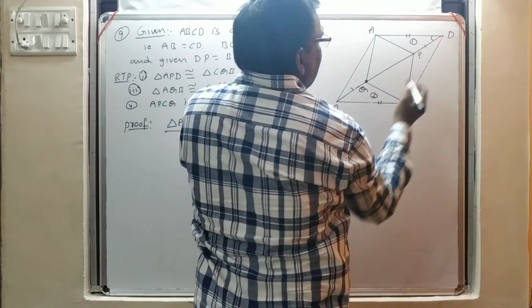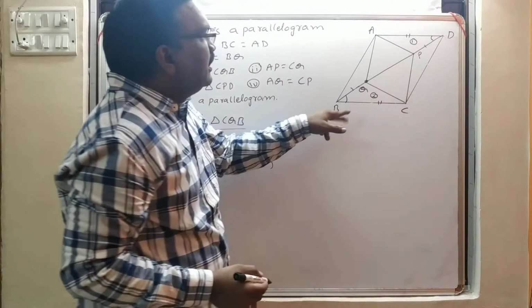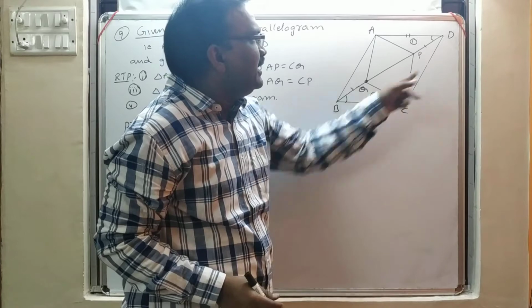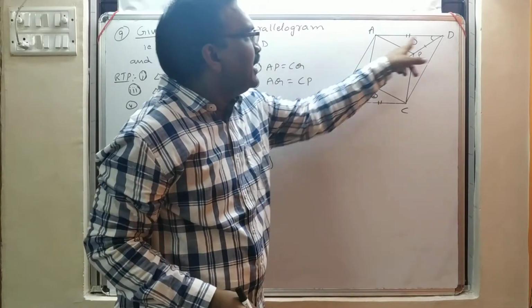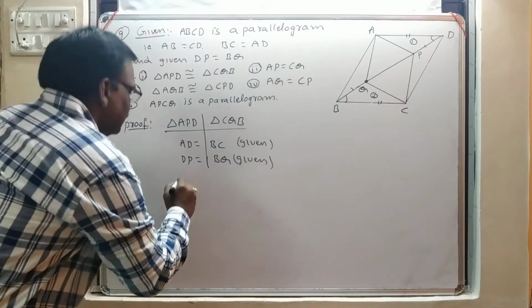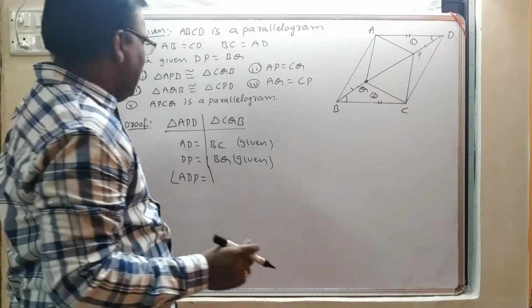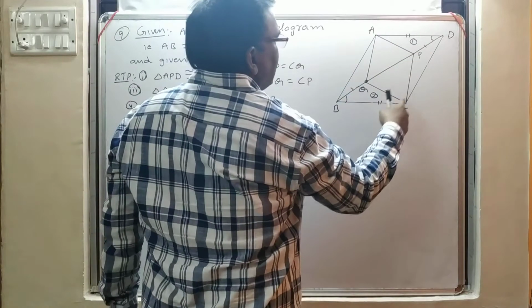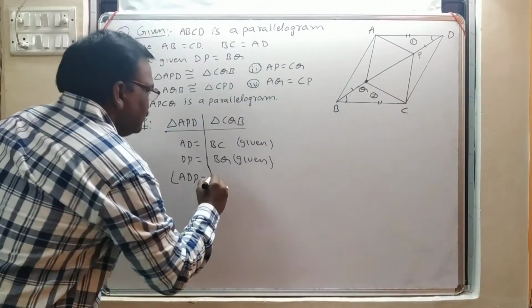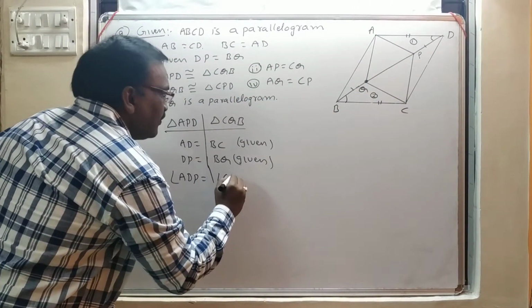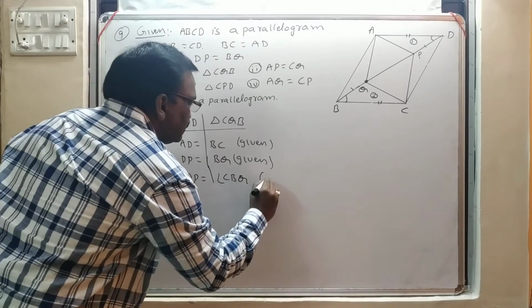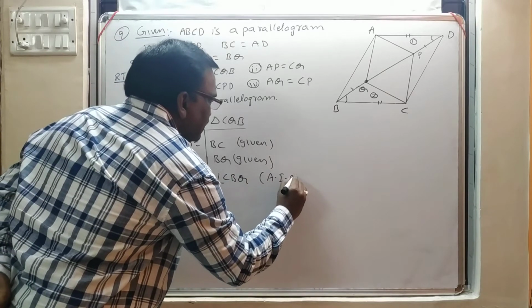What about these two angles? These two angles are equal, alternate interior angles. So angle ADP is equal to angle CBQ.